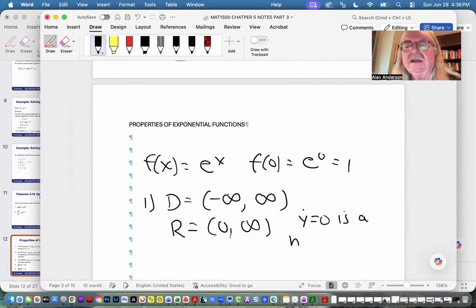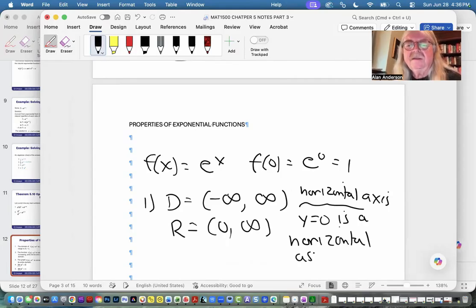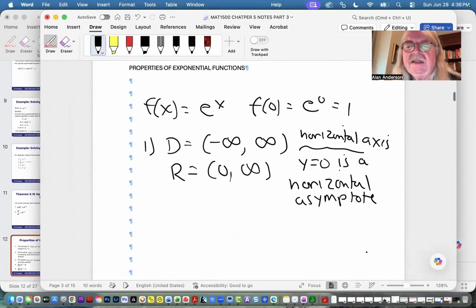In other words, the horizontal axis is a horizontal asymptote of this function. And so therefore, if you remember, the way this works is the round parenthesis means that zero is not part of the range. It goes for everything from slightly above zero to infinity.